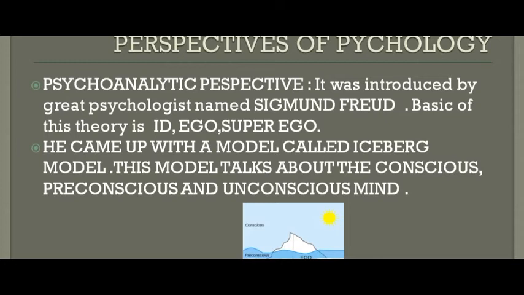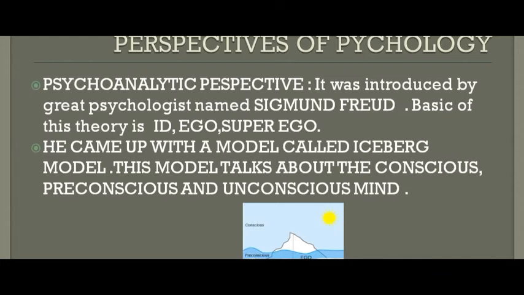So this theory, or I can say this perspective, only deals with the subconscious mind. First is your conscious mind, that you are being conscious, you are rational, you know your beliefs and everything. But what about subconscious? So this is the proper study of subconscious mind. He came up with a model called iceberg model.